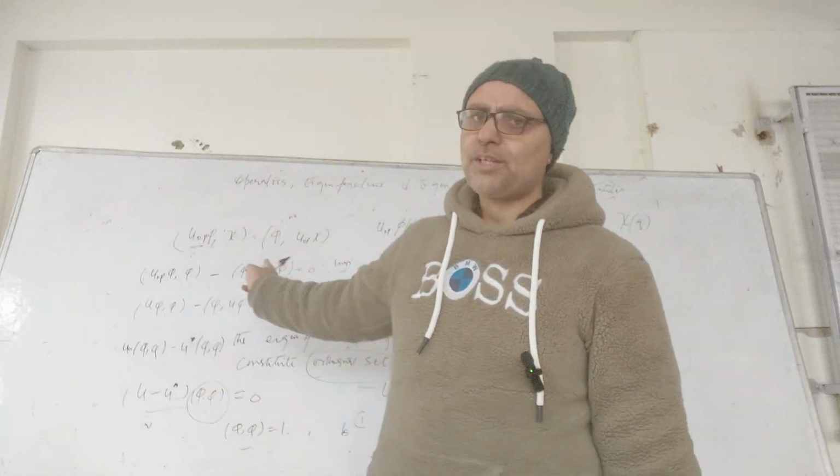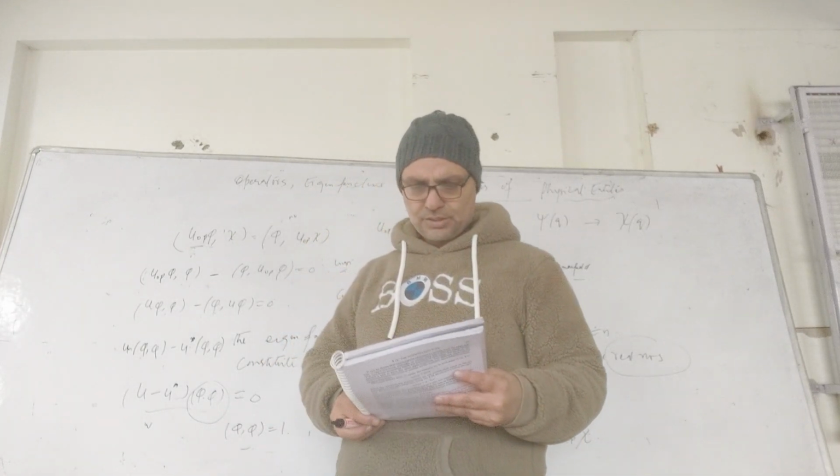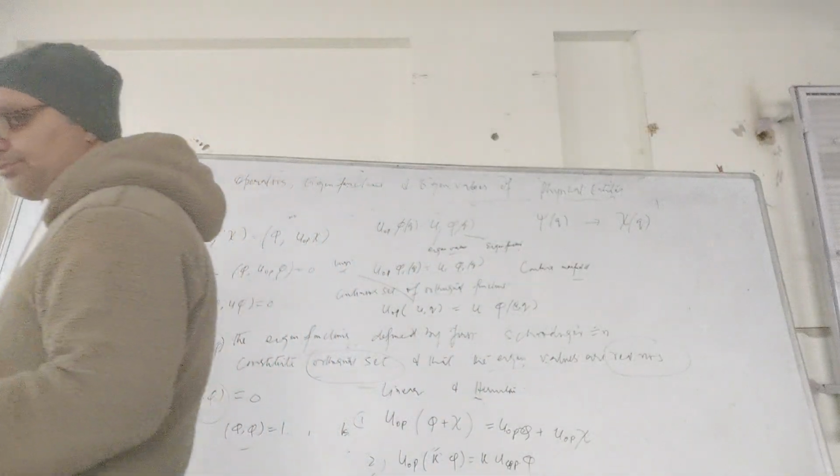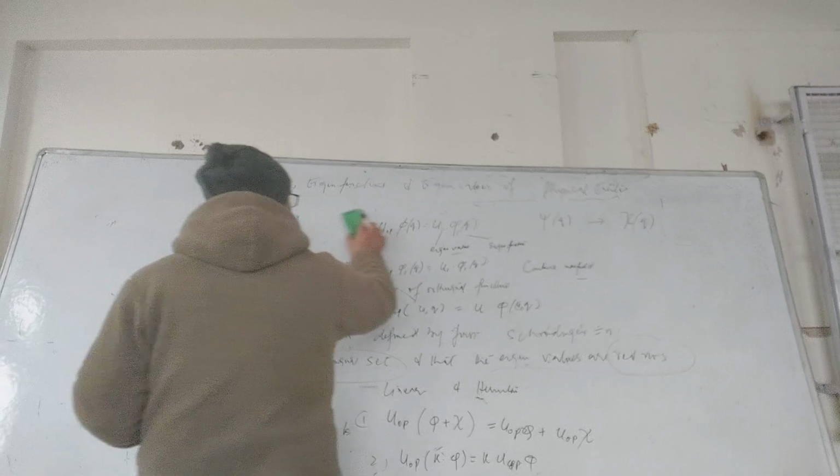If you read von Neumann's Mathematical Foundations of Quantum Mechanics, there is a more elaborate, more rigorous way of saying the same thing. Now we come to the other property.